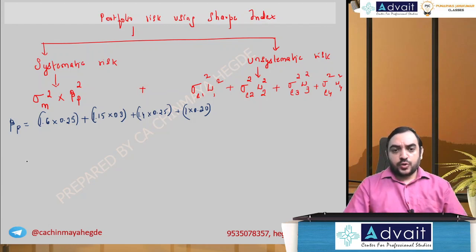It is 1.295. Okay, I hope you are getting that. Portfolio beta is 1.295. Okay, then what we are going to do is systematic risk.